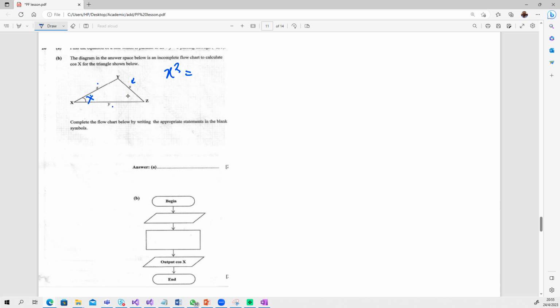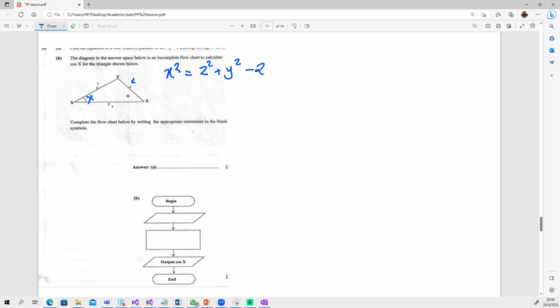So you can say this is equal to z squared plus y squared, and then minus 2. This is the formula here.